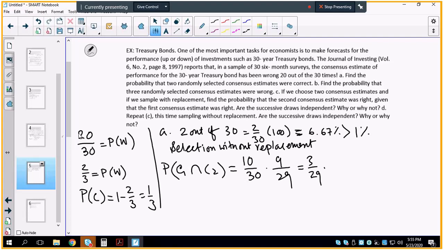The second one is asking, find the probability that 3 randomly selected consensus estimates were wrong. So for the same reason, because 3 out of 30 is 10%, more than 1%, the 1% guideline will say that selection must be done without replacement.